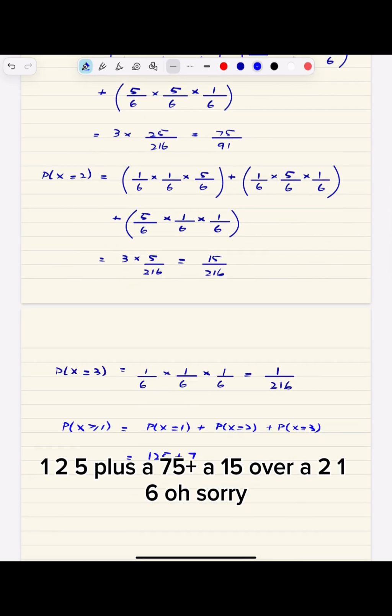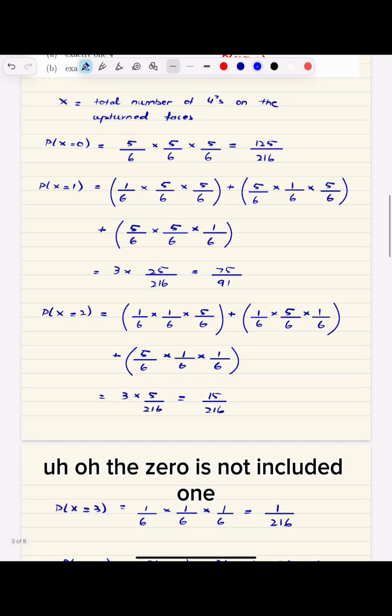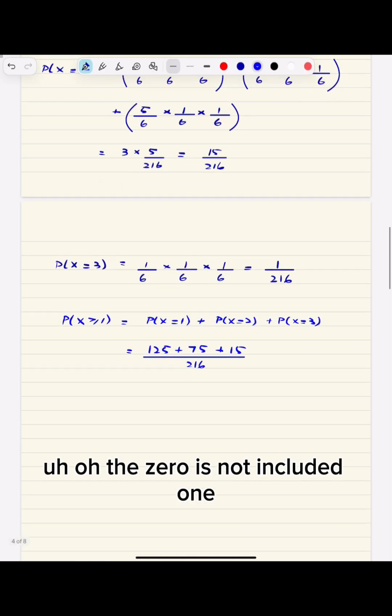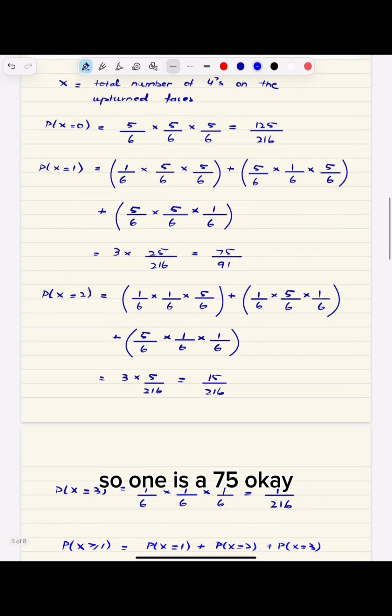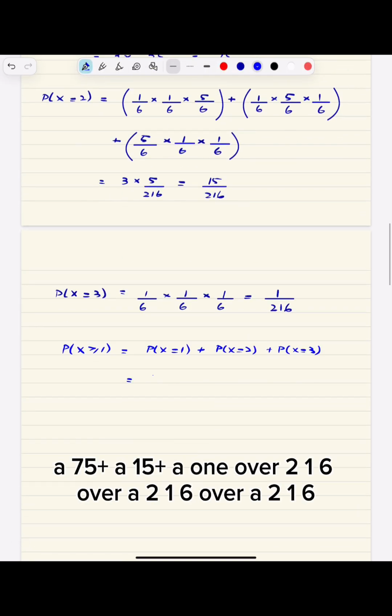Oh, the 0 is not included. We had to start with 1. So 1 is 75, okay, 75 plus 15 plus 1, over 216, over 216, over 216.